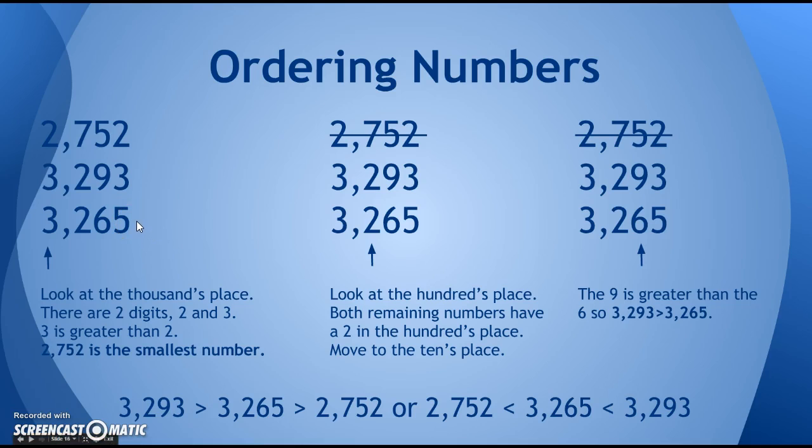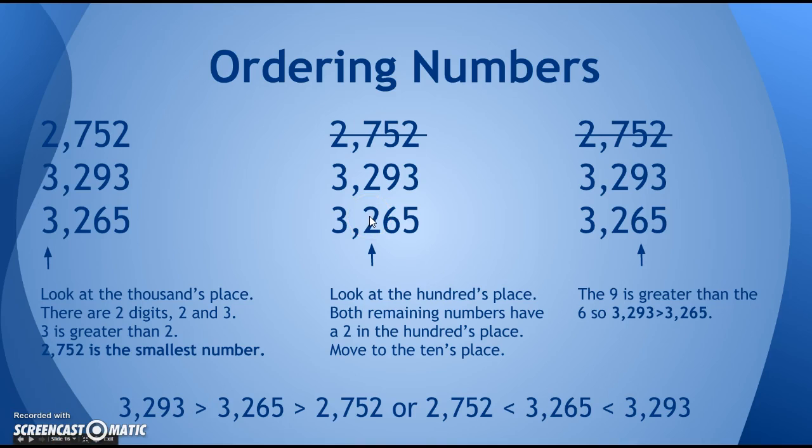Now we're looking at the largest number, and so in this particular example, we have a 2 in the thousands place, we have a 3 in the thousands place, and we have a 3 in the thousands place. So this number here, 2,752, I know will be the smallest number. But based on these two numbers here, I can't determine which number is greater. So I need to go and look at the hundreds column. When I look at 3,293 and 3,265, again, I have the same digit in the hundreds column.